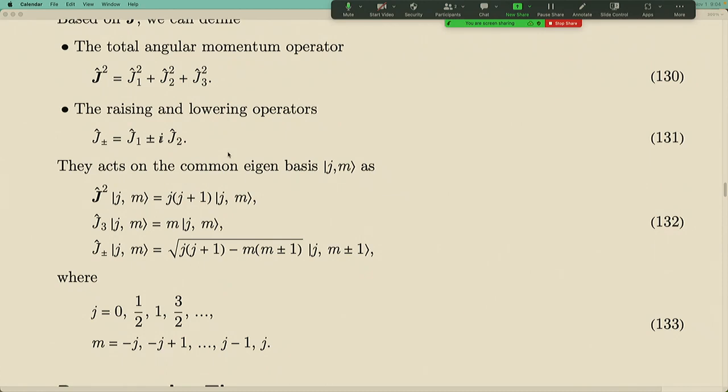But then there comes a very interesting problem, which is the spin 1/2 particle, which means you rotate by 2 pi over J. J is 1/2, so 2 pi over 1/2 is 4 pi. So you need to rotate twice, 2 rounds, to become the same. So the spin 1/2 particle is really very quantum mechanical in nature. It has no classical analog, because for any classical object, if you rotate along a certain axis by 2 pi angle, it always returns to itself.